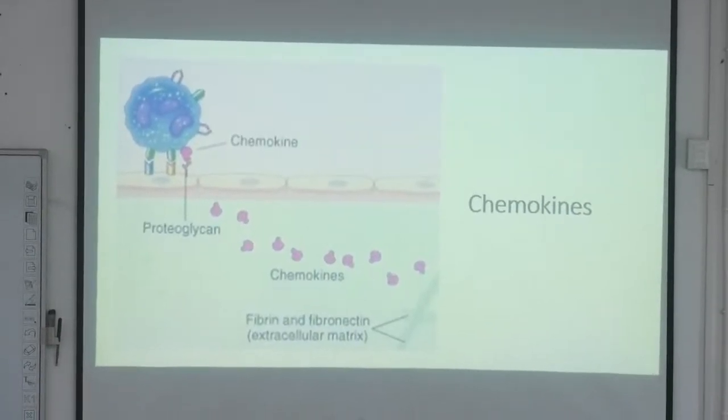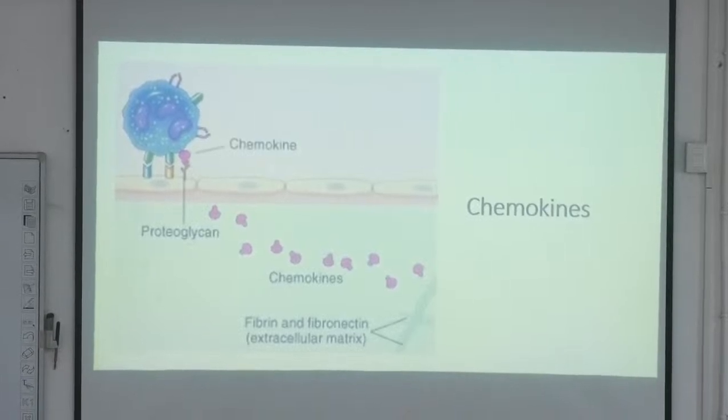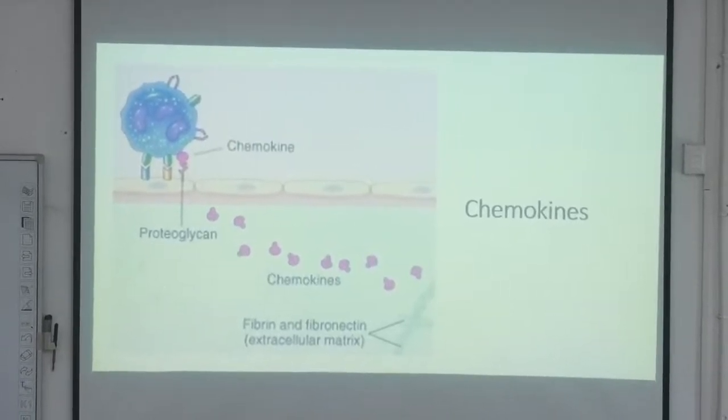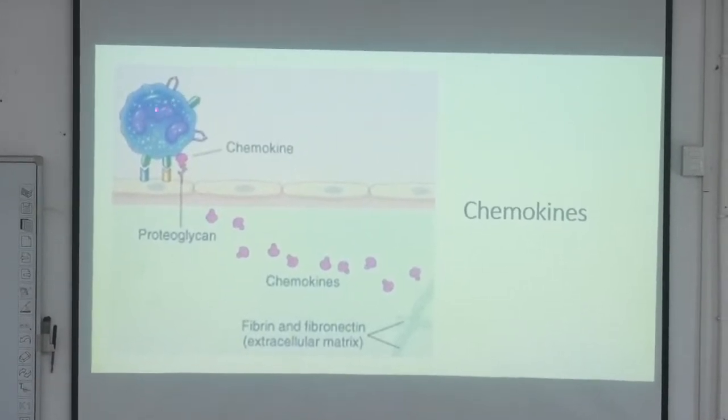Now chemokines, important: C3a, C5a, chemokines for leukocyte activation and recruitment to the site of injury. Okay, this is the vessel wall endothelial cell and this is the neutrophil.